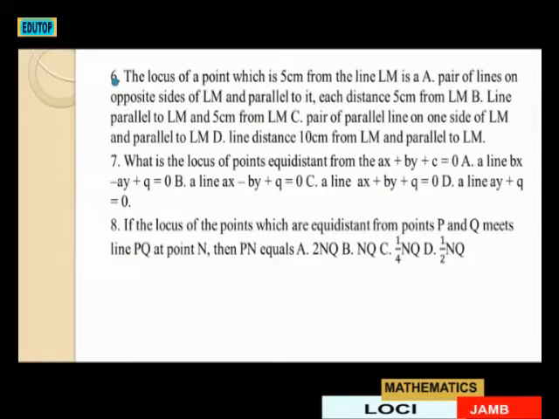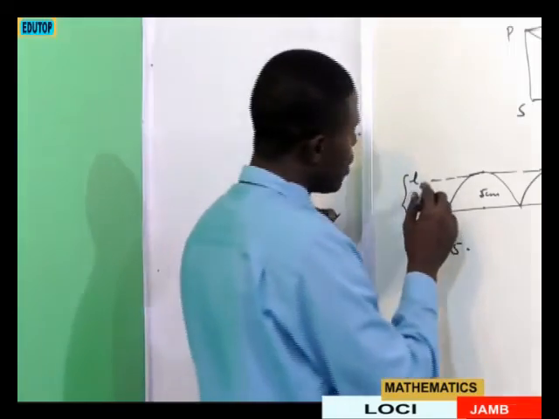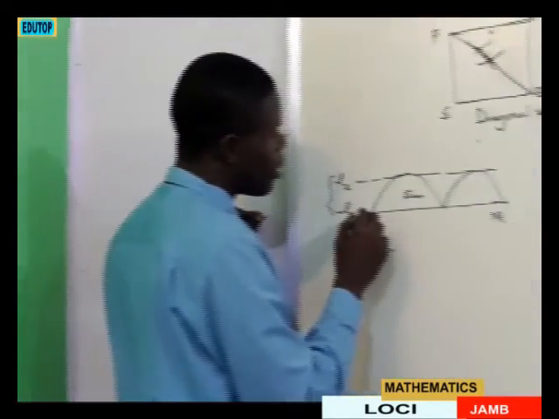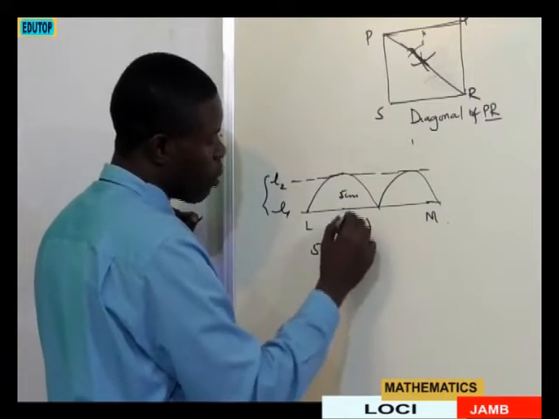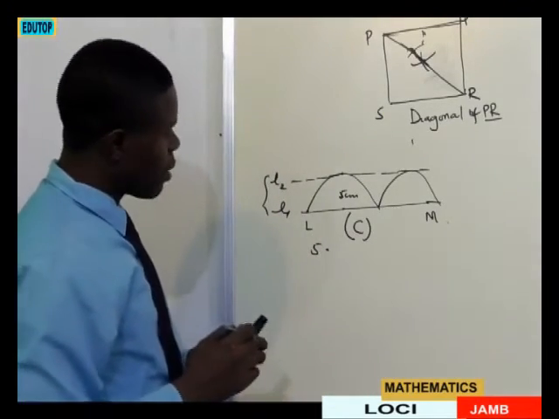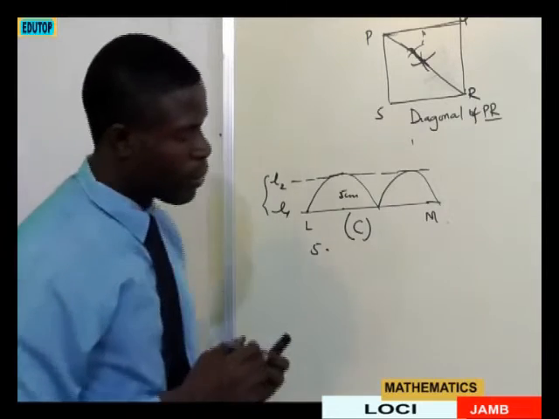A pair of parallel lines on one side of LM and parallel to what? LM. So that one will definitely be a pair of lines. You can see the lines from LM and parallel to LM. So that option will be what? Option C. That will suit that particular answer.